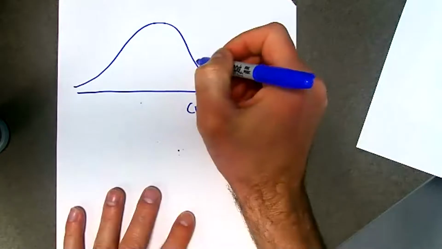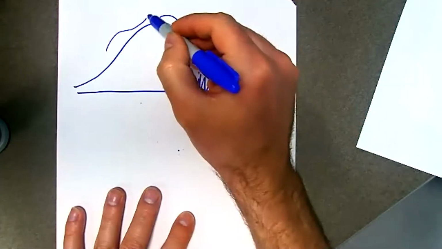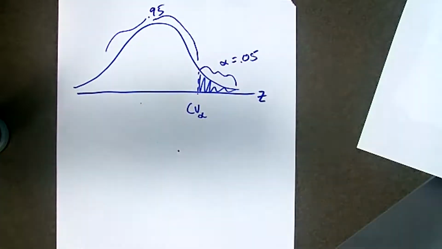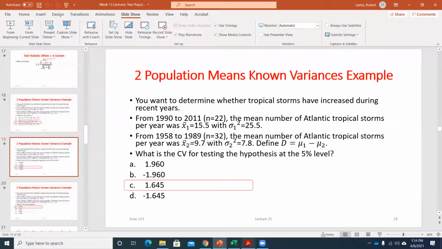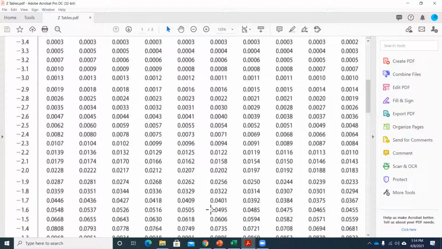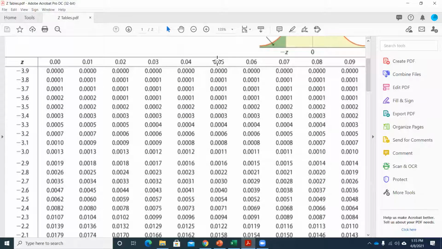I could also look up the area to the left of the critical value I want, which would be what? 1 minus 0.05 or 0.95. So I'm going to do it either way. We'll look both of them up, and I'll justify that to you. So we look up 0.05. Looks like we're in between these values. So negative 1.64 and negative 1.65.